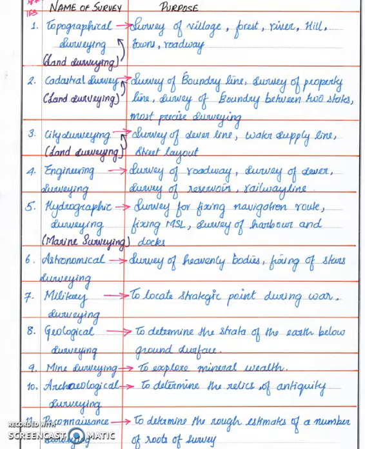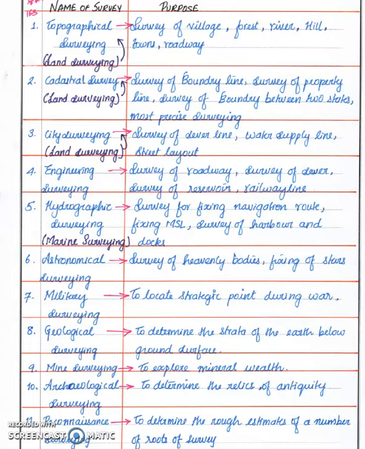If a survey is conducted in space, this is known as an astronomical survey. Further, it is classified based on the purpose. In land surveying there are three main surveys: topographical survey, cadastral survey, and city survey.